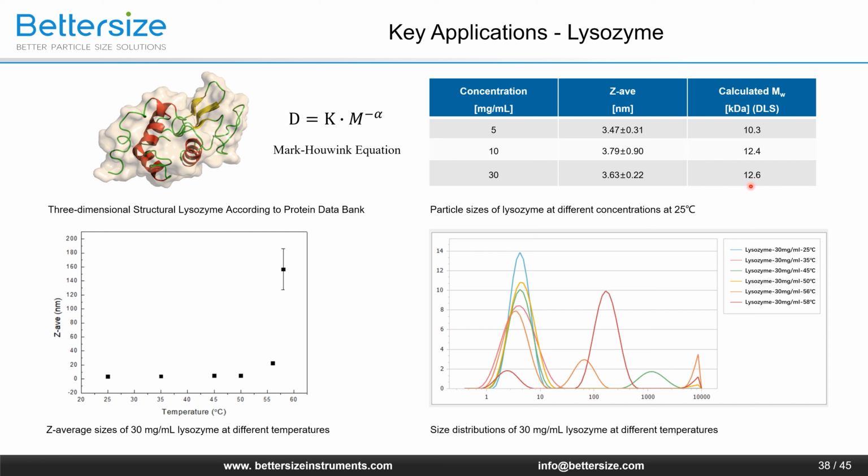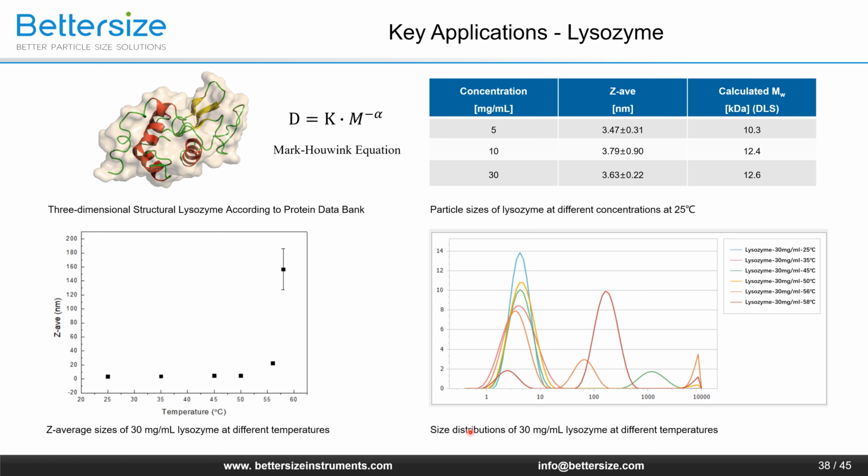which is 14.5 kilodaltons for lysozyme. The Z-average mean of lysozyme was stable at various temperatures below 50 degrees, while it increased dramatically when temperature exceeded 55 degrees due to a structural change caused by the denaturation of lysozyme at high temperature and consequently the generation of a significant number of aggregates.